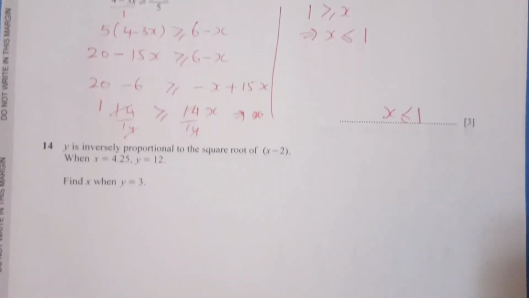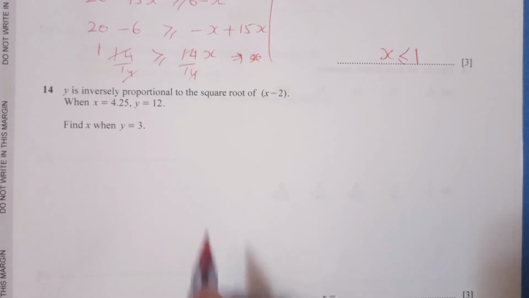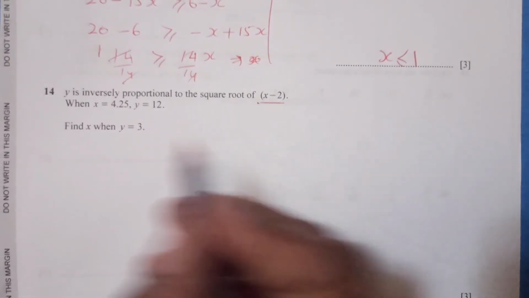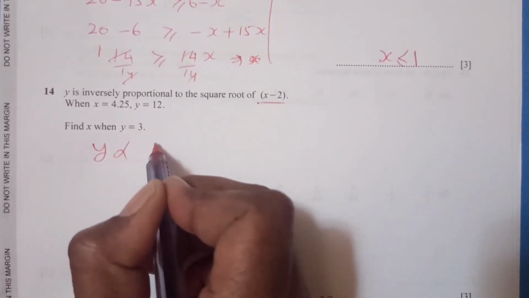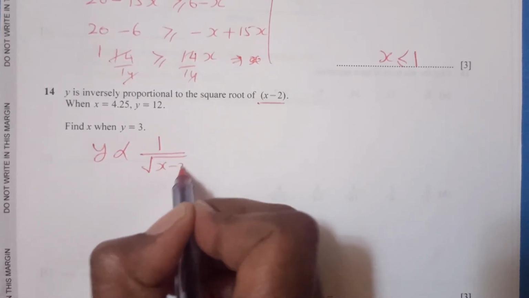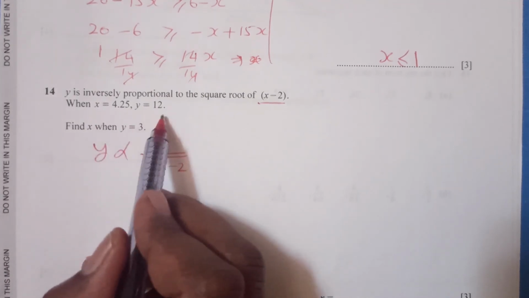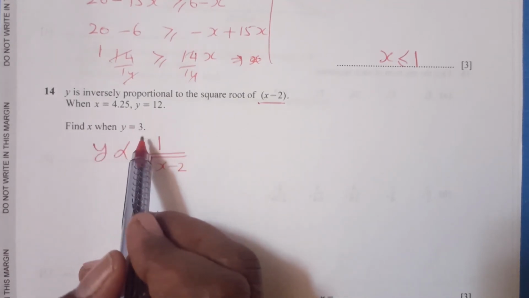Okay. Now number 14. y is inversely proportional to the square root of x minus 2. So that means y is 1 over square root of x minus 2. So when x is 4.25, y is 12, find x when y is 3.